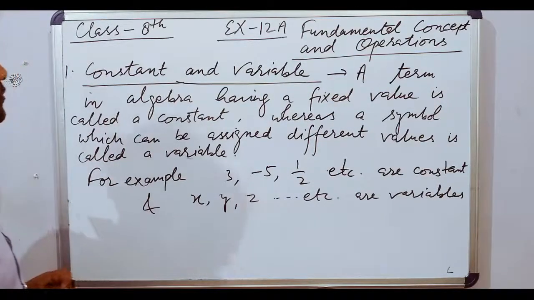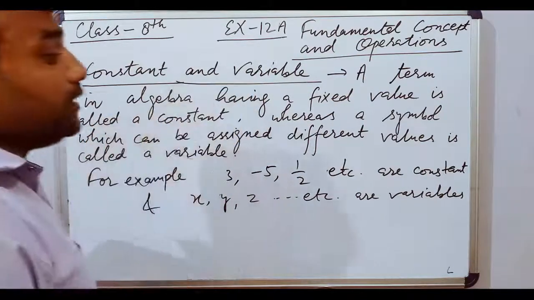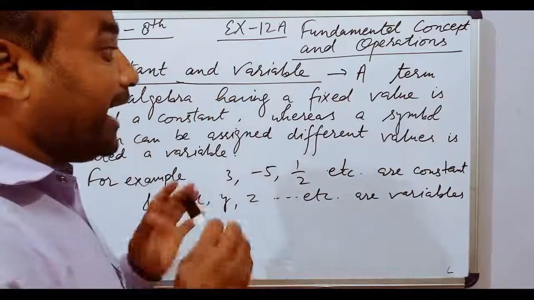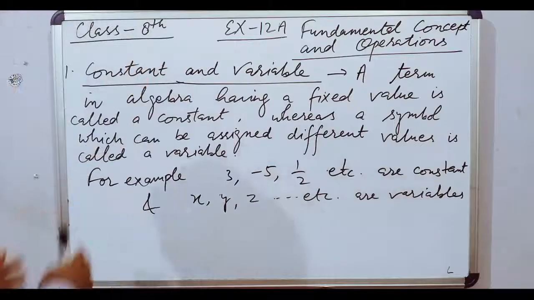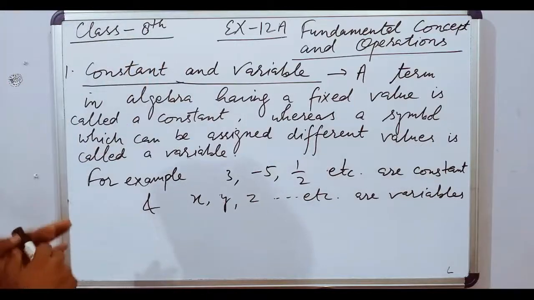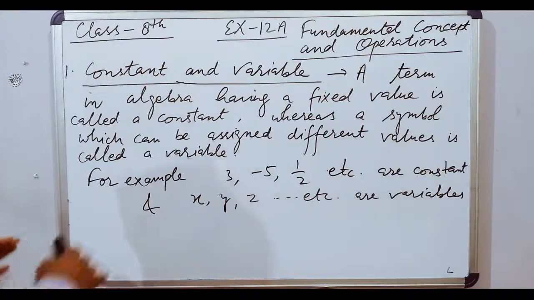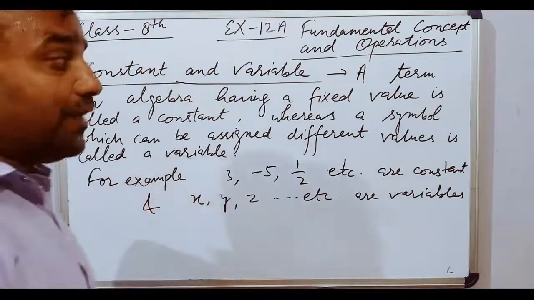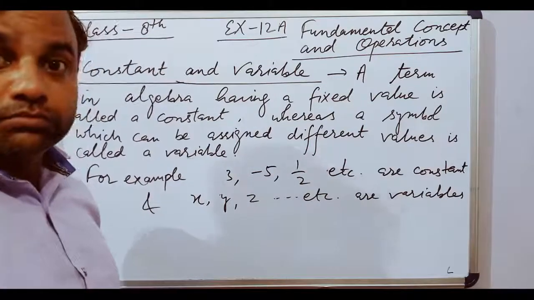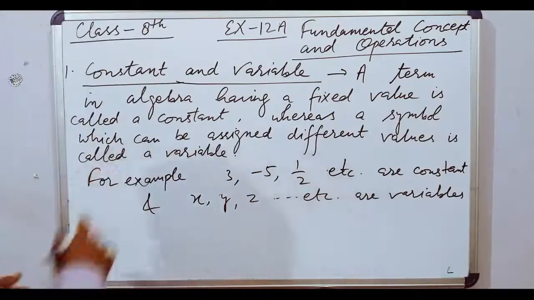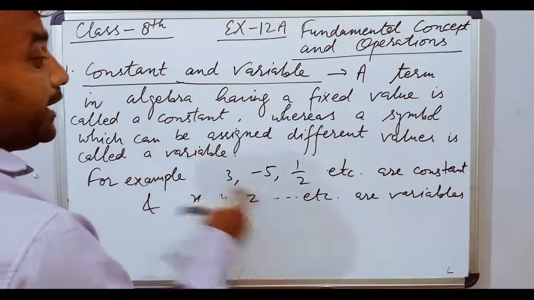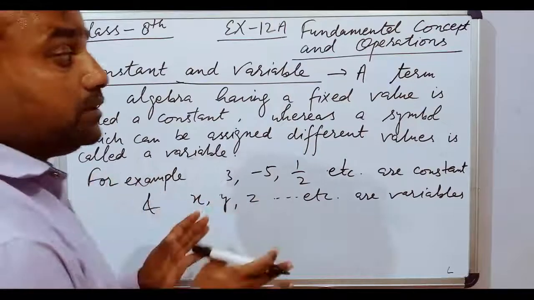And variable means x, y, z. A term used in an algebraic expression that has many different values is called a variable, like x, y, z, etc.